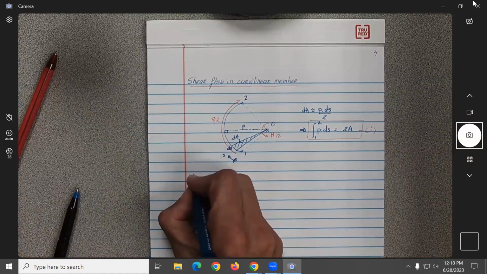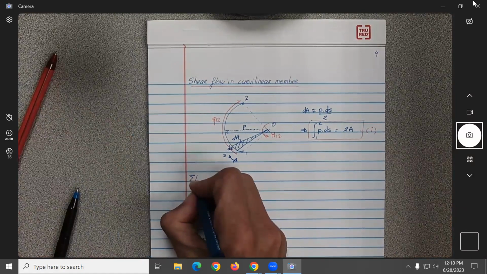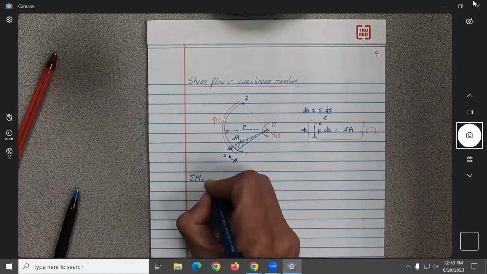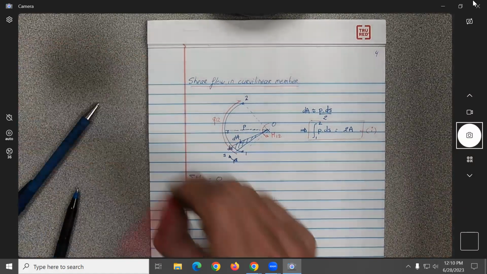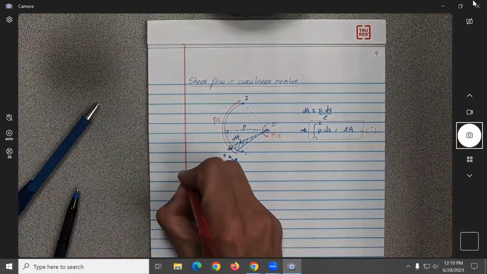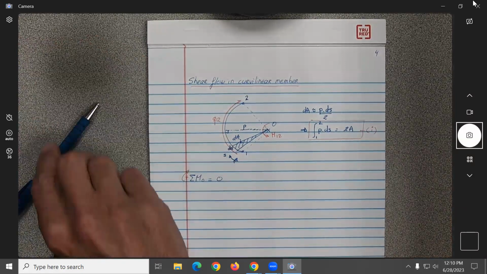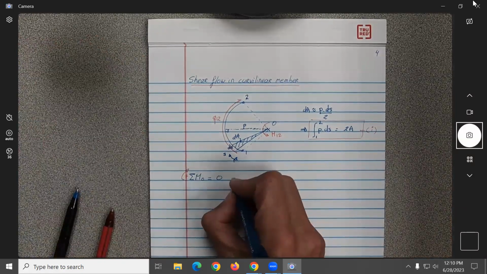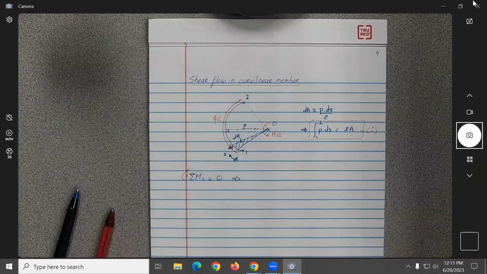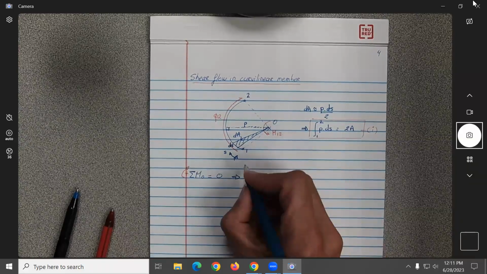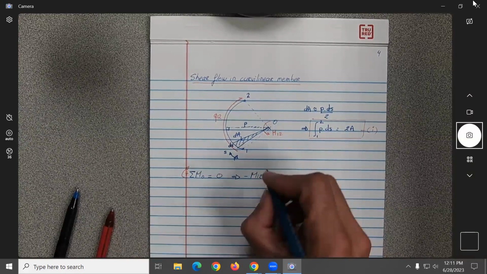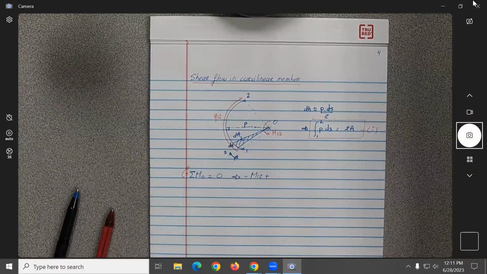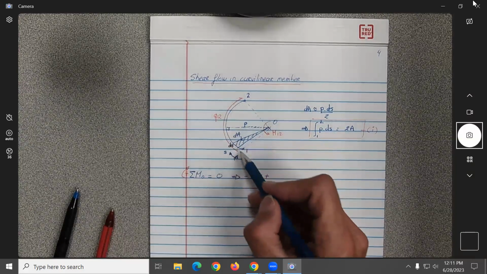So now we're going to do summation of moments about point O equal to 0. If you want, we can put counterclockwise positive. It's not going to change anything. So then what should be the moment? This one, I did it clockwise, so we're going to have minus M12. And now what will be the moment created by the shear flow on the curvilinear element?